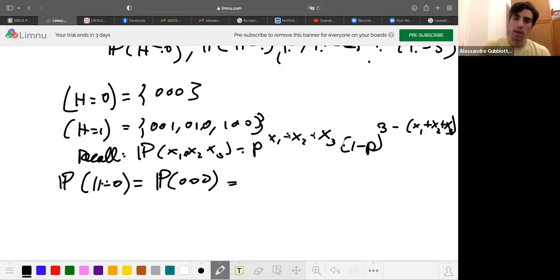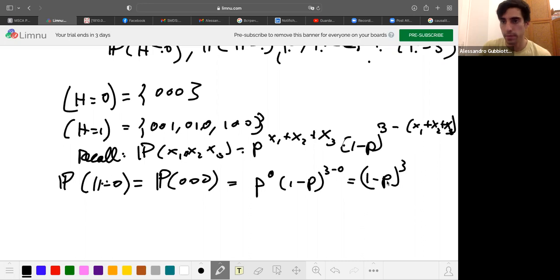Well, if x1, x2, x3 are 0, this is equal to p to the power of 0 times 1 minus p to the power of 3 minus 0, which is equal to 1 minus p to the power of 3. Okay?